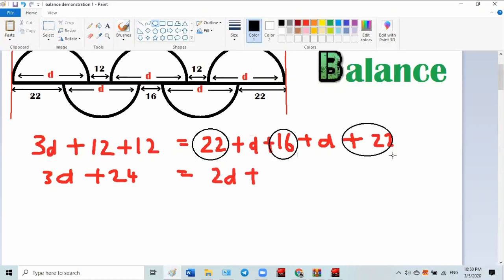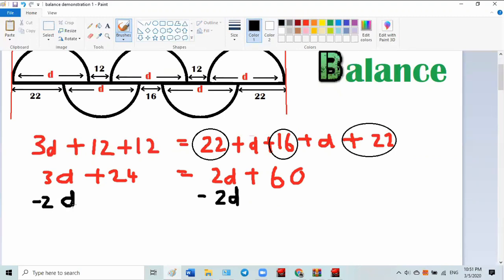All in, the numbers will be 60. So what we want to do is gather all the D's on one side and the numbers on one side. From here, we minus 2D to get rid of the 2D on the right hand side. And in order to maintain our balance, we minus 2D on the left hand side.